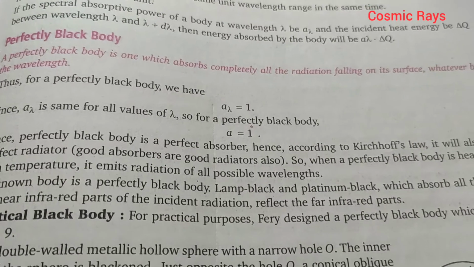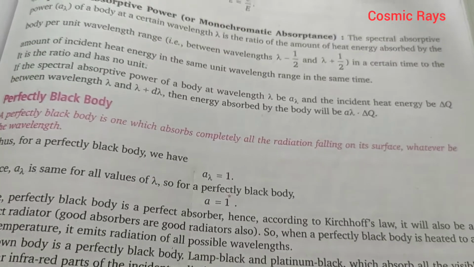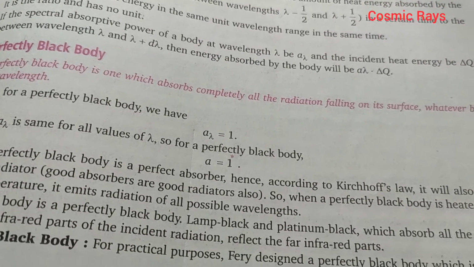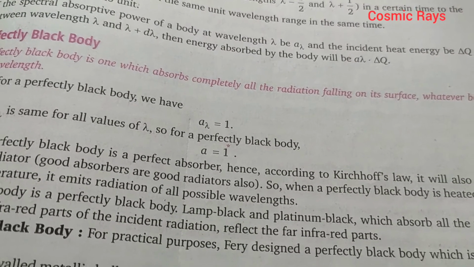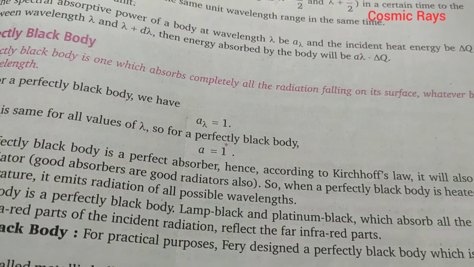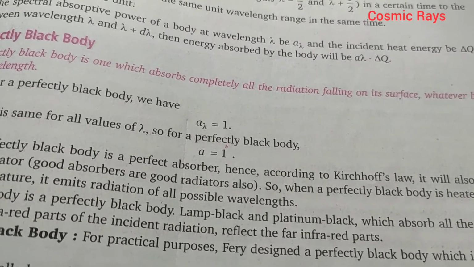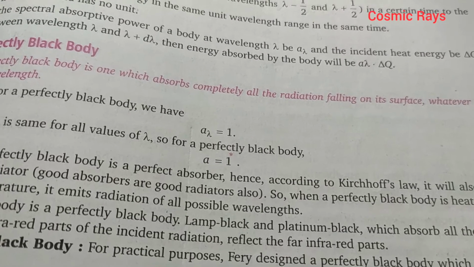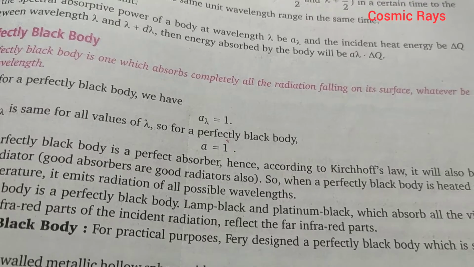As per the definition of a perfectly black body, it is a body which will absorb radiations of all wavelengths incident on it, and it will emit radiation of all wavelengths when heated to a very high temperature.